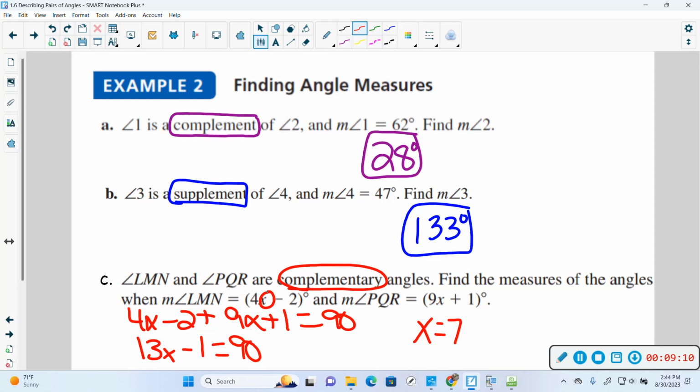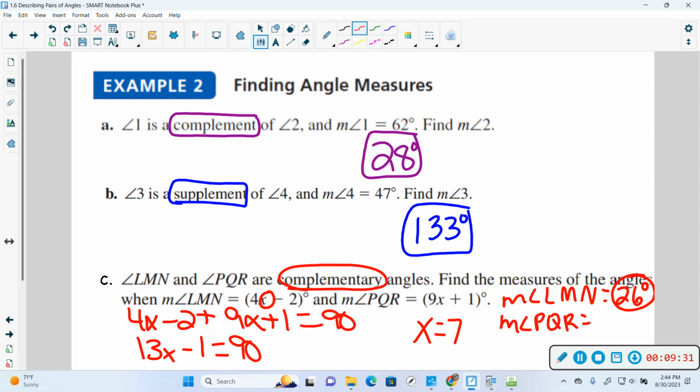I think we can do a little mental math there, I'm hoping. You can use your calculator, of course. Okay, so if I put 7 in here, what's 4 times 7? 28 minus 2. Now, we can make our life really easy for the other angle. I hope, anyway. Work smarter, not harder. You could put 7 in here for sure and do it.